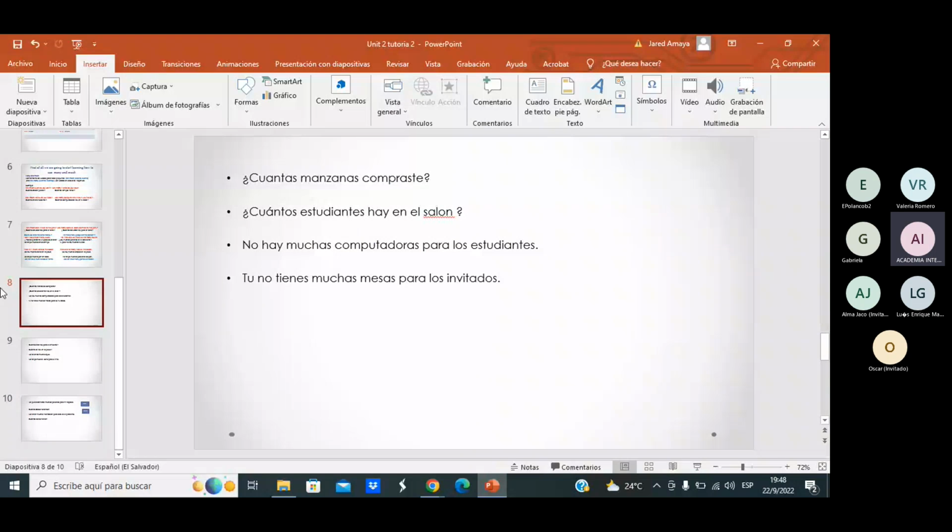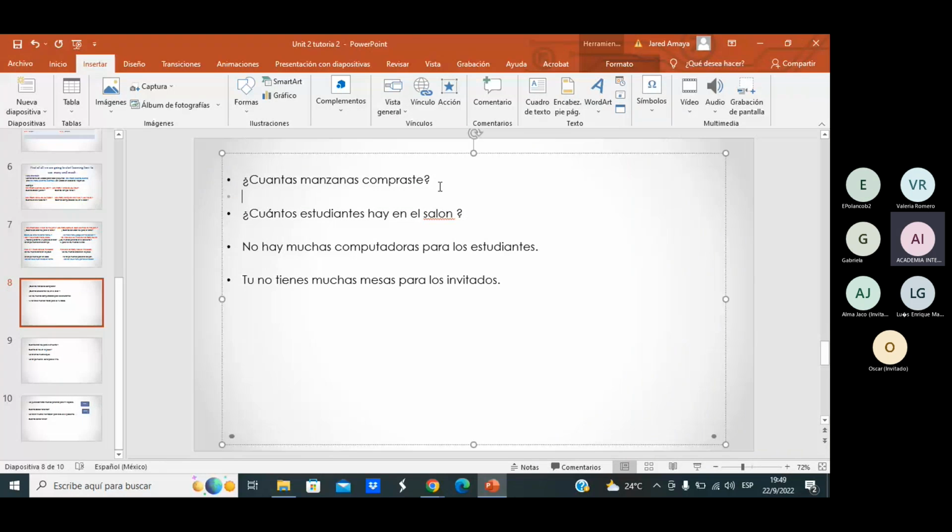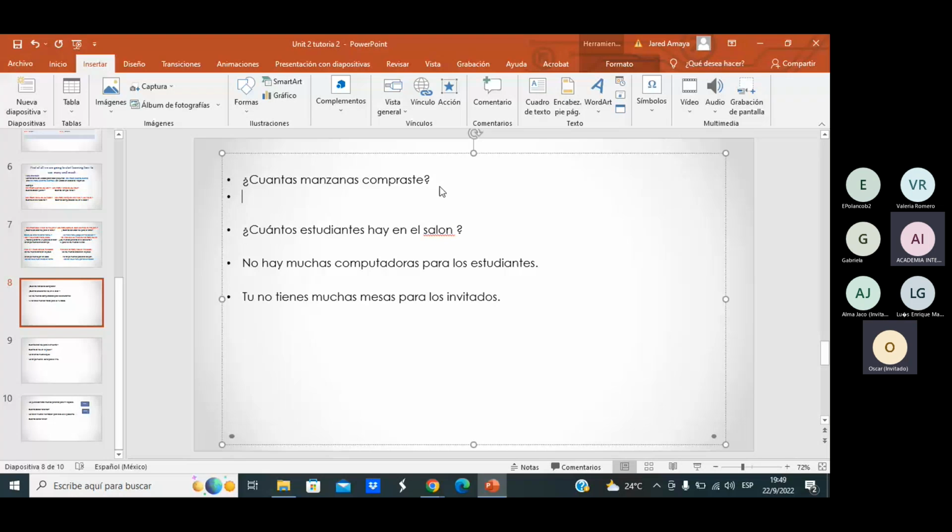Or is there something that you haven't understood very well? ¿Hay algo que no hayan entendido muy bien? Hello? Do you have questions? Anybody? Okay. We can start with these examples.